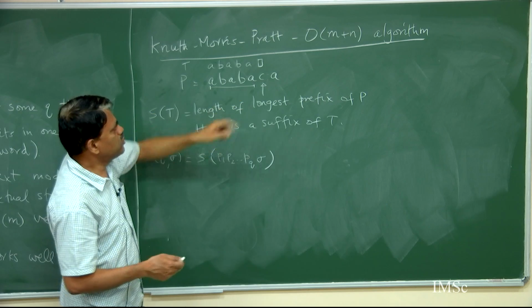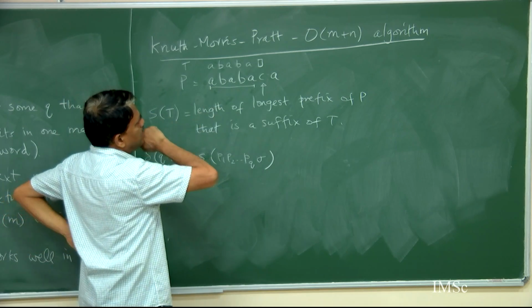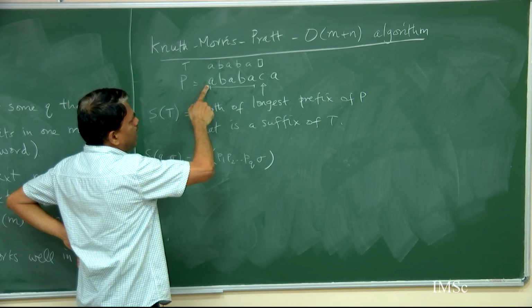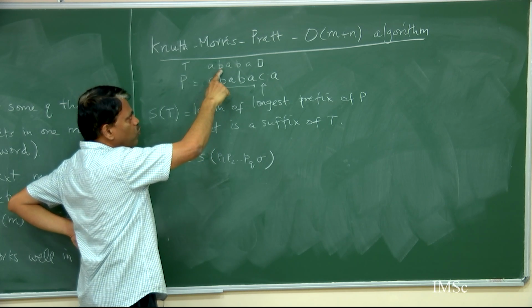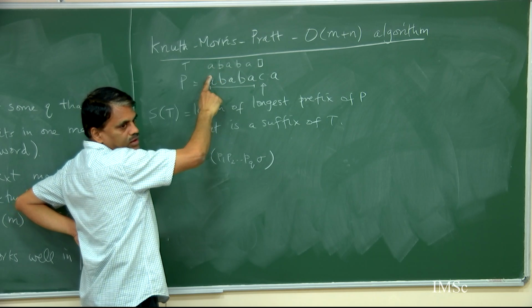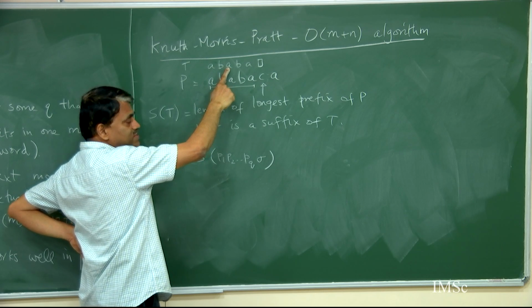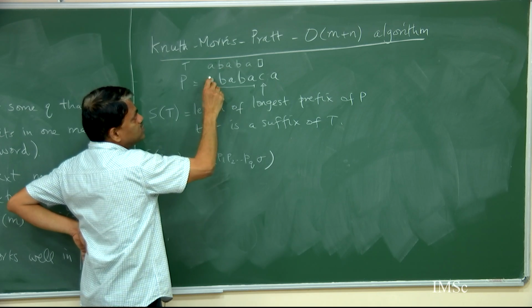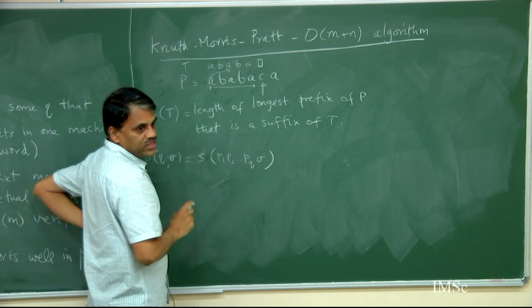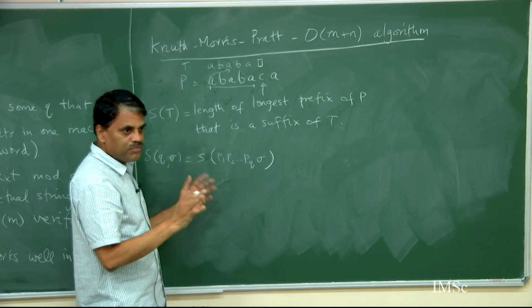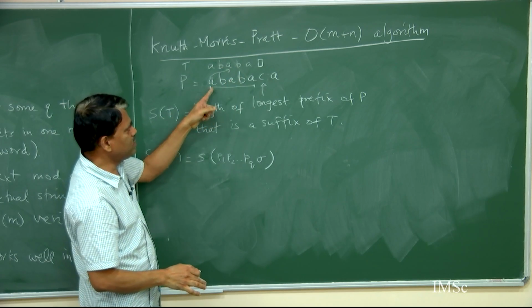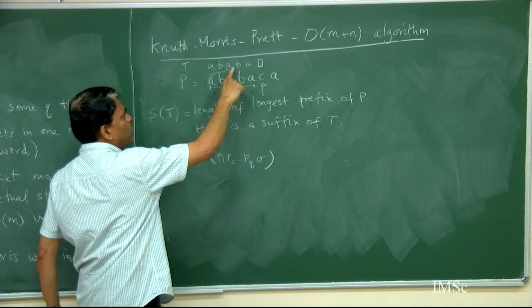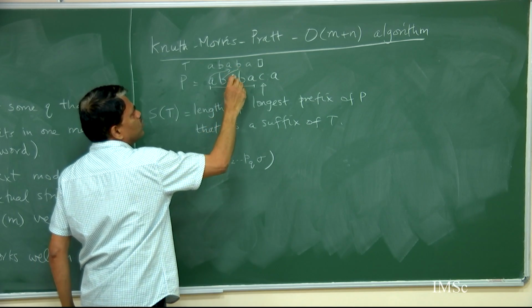If I matched up to this point, then I know that this is B because I matched, so do not try comparing here. But I know that this is A, so you could actually directly go and align with this character. You do not even need to compare because you know this is A because you matched up to this point from your pattern. So, you know this is B, you know this is A.